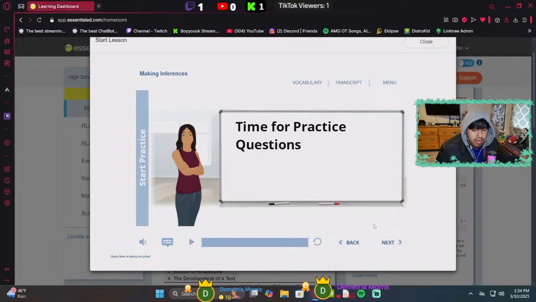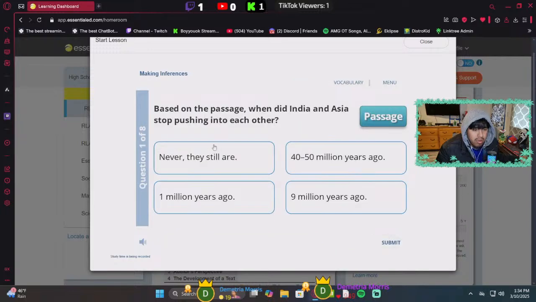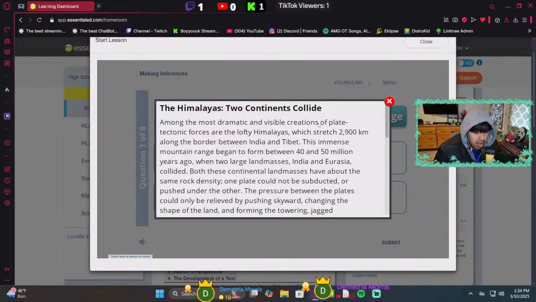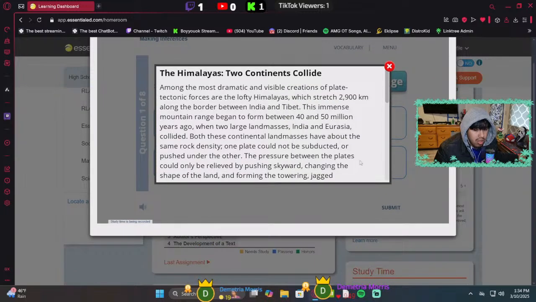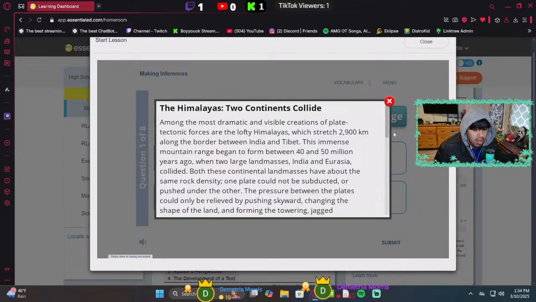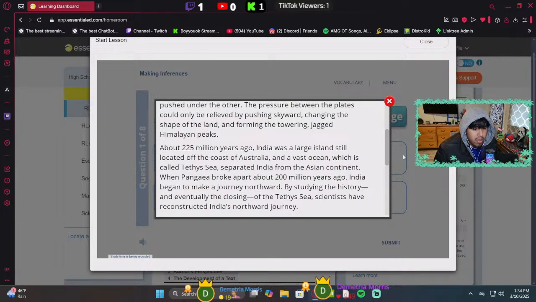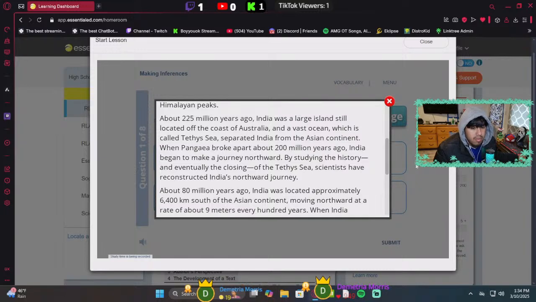For real. Based on the passage, when did India and Asia stop pushing into each other? Never, they still are. Too many years still located.